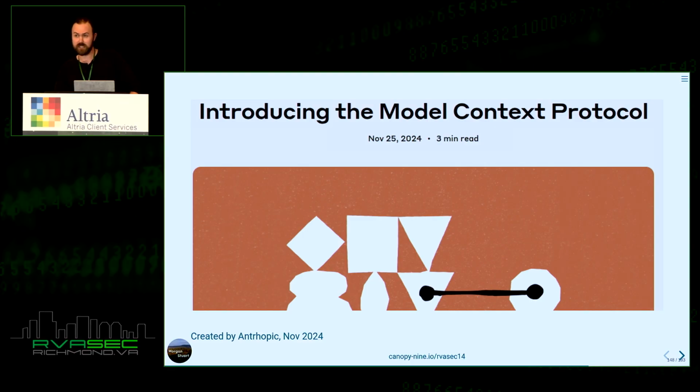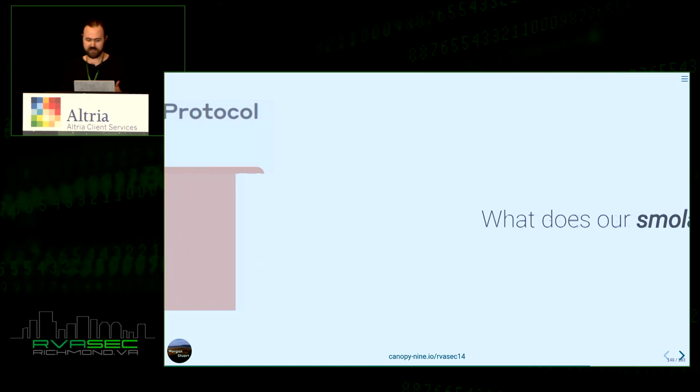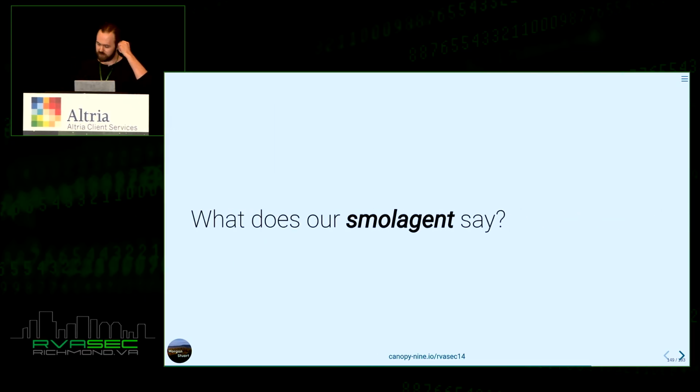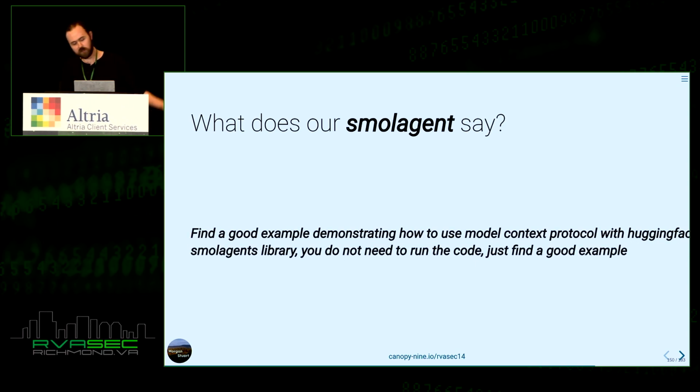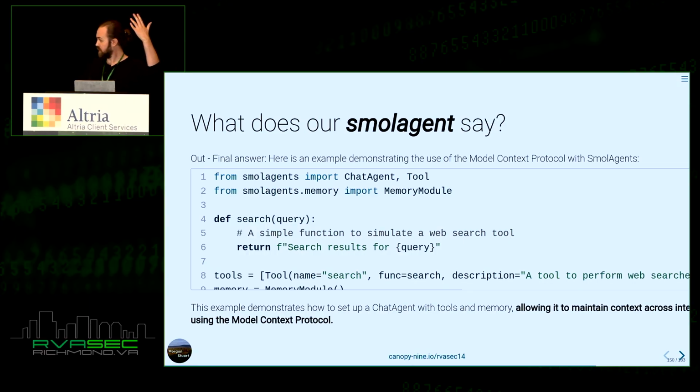And I think more recently, OpenAI and the other big vendors have announced that they're going to be adopting this as well, which means that everybody is losing their minds over the Model Context Protocol and how amazing it is, I guess. So let's just go ahead and ask our small agent about it and see what it can tell us. So asking it to find a good example demonstrating how to use a Model Context Protocol with Hugging Face. And it gives me some example and some write-up, and it's all wrong.